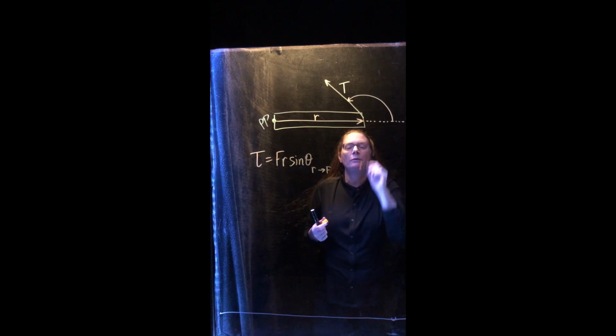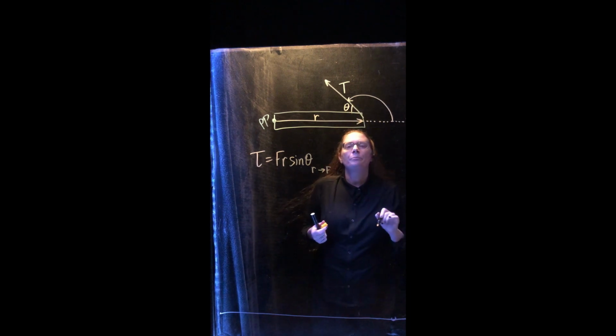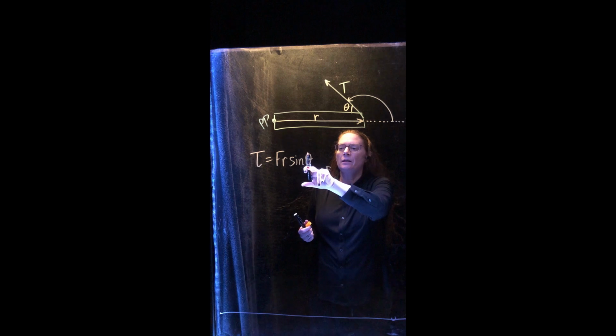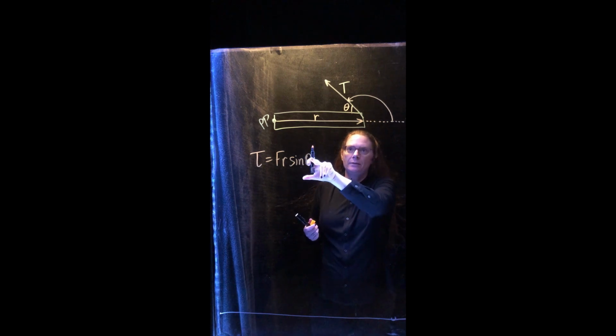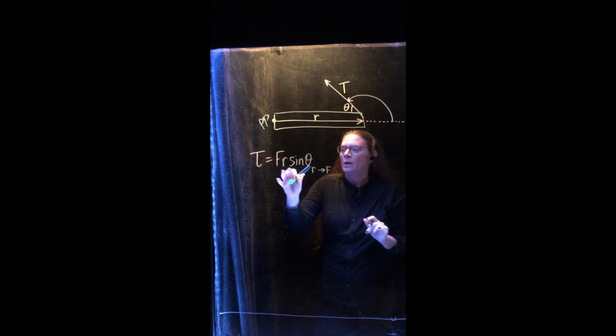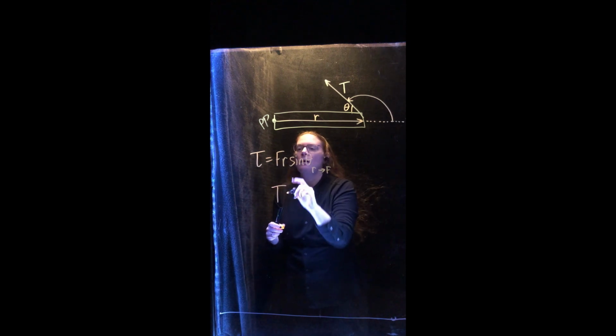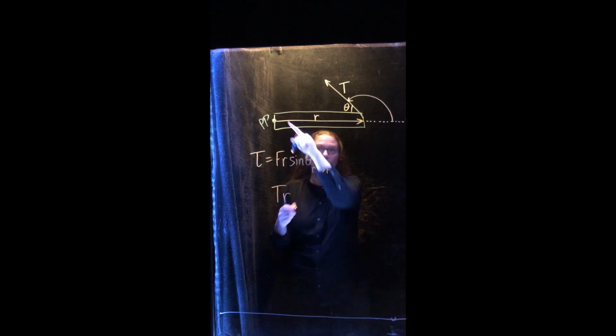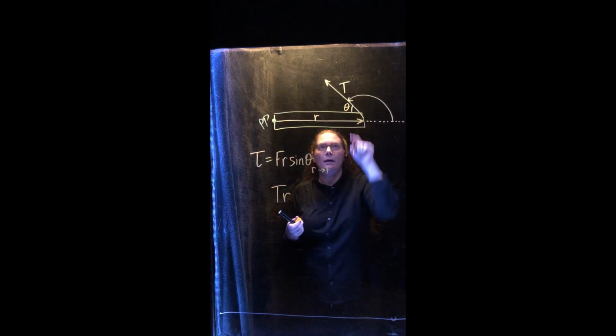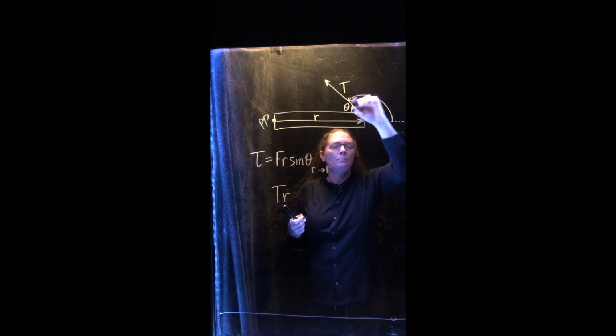This was my angle. Now this angle here, we've got to be careful. This is a generalized theta, and this is a specific theta. In this case, the force is T, the R is just the R, you'd measure that, put in that. And then we want this angle.